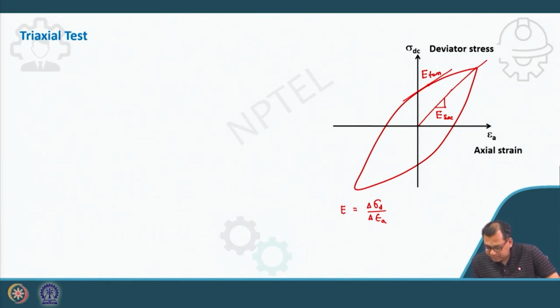Now once you get the E, then you can convert it to G by using this expression: G equals E divided by 2 times 1 plus mu.